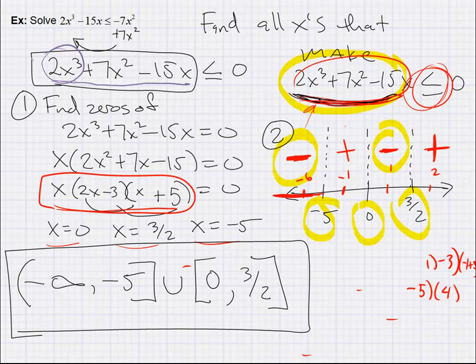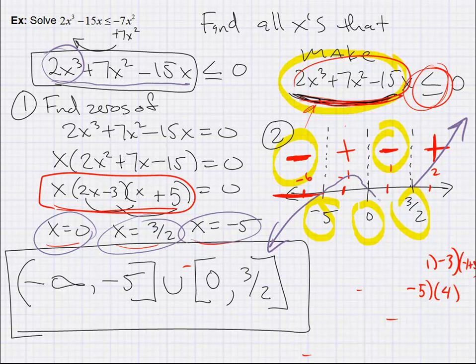It's an odd power and a positive coefficient, which means on this end I'm pointing up, and on this end I'm pointing down. The zeros I got all have odd multiplicity, because they all have multiplicity of 1, which means I should cut through the x-axis in each case. Well, if I'm down on this end and I cut through the x-axis, I'd go above. Then I come in down, I cut through, and I cut through.